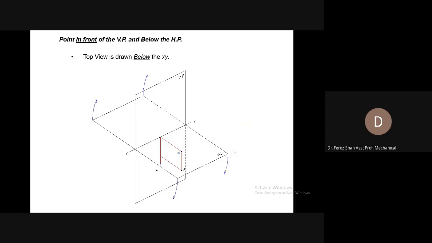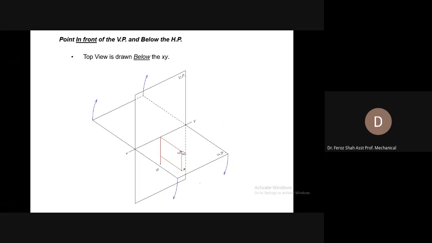If the point or any entity is in front of the vertical plane, its top view will come below the XY reference line. Now, if the point is below the horizontal plane but still in front of the vertical plane, again, for drawing the top view of this point, looking at it from the bottom or from above, the top view will be formed at the horizontal plane at this position.